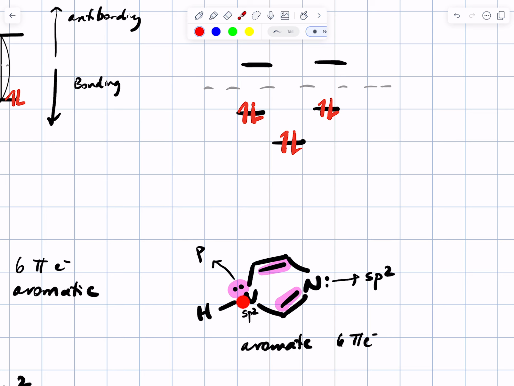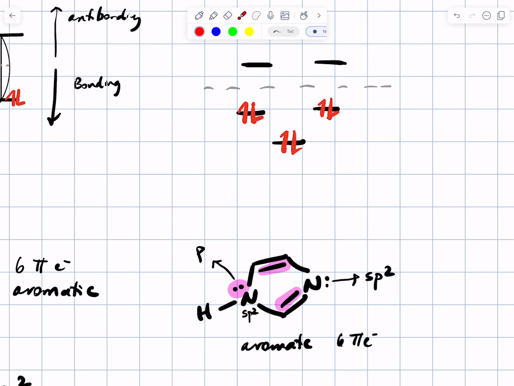The reason we do count this one is because that lone pair is in a p orbital. You can tell that it's in a p orbital because the nitrogen is not currently using a p orbital for a pi bond, and the lone pair is adjacent to 2 other pi bonds. So because it can be in a p orbital, it will be in order to participate in resonance and conjugation. Is that, yeah? Other questions?